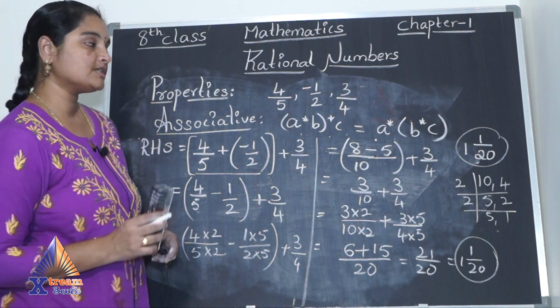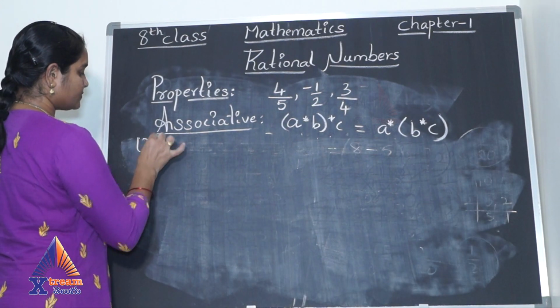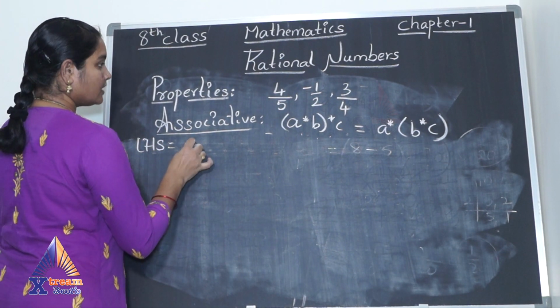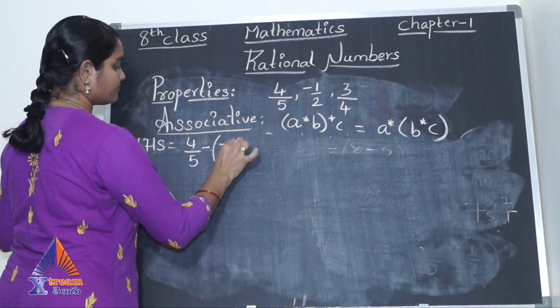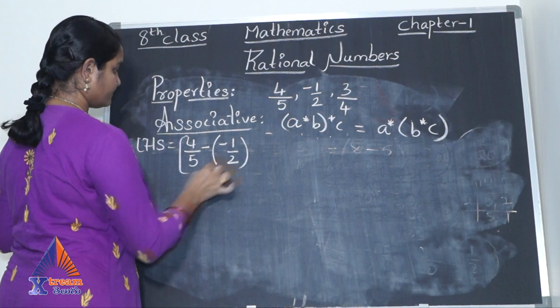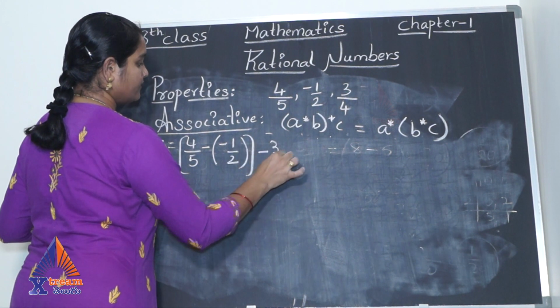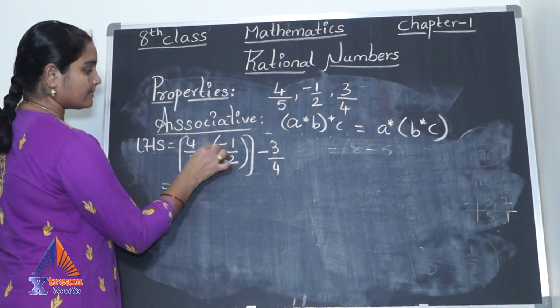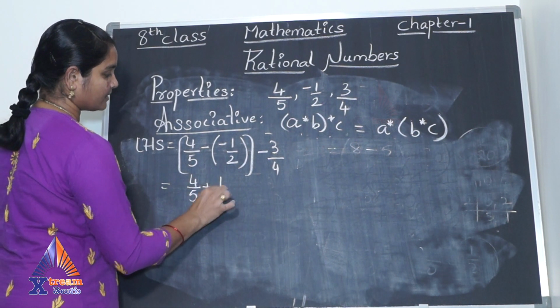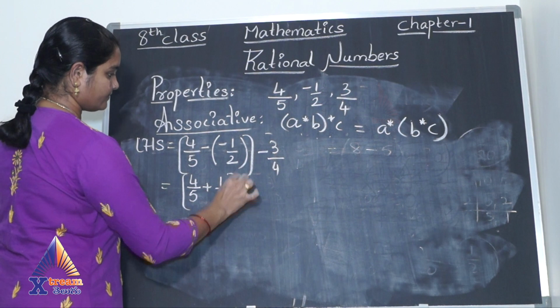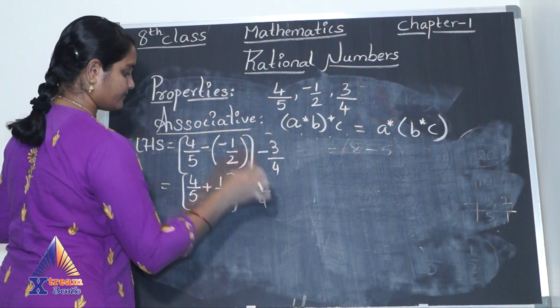Now let's try it for subtraction. We'll try it with the LHS again, which is (4 by 5 minus minus 1 by 2) minus 3 by 4. Where minus of minus becomes plus, so 4 by 5 plus 1 by 2 minus 3 by 4.